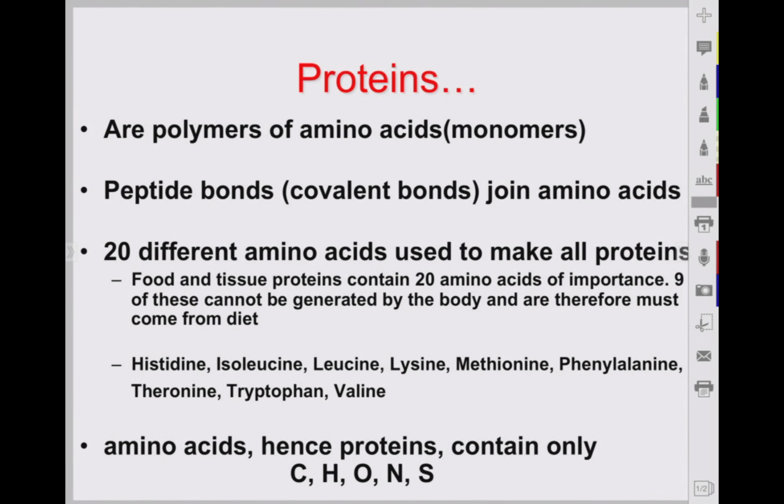Now, throughout this unit, we've been talking about Lego pieces. I always love to refer to monomers as pieces of Lego that you build up. It's a good analogy. Well, the polymer is the buildup, and the monomer is the individual piece. So when you look at a protein, look at a piece of hair, for example, it's made up of many little subunits that we call amino acids.